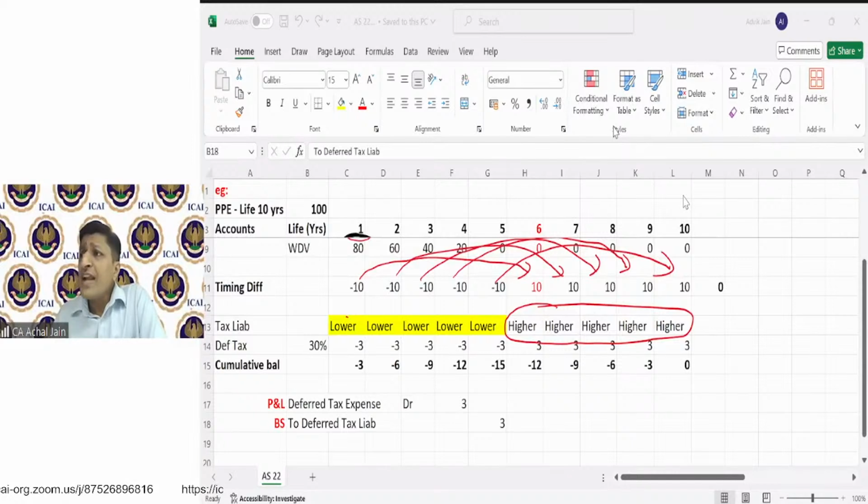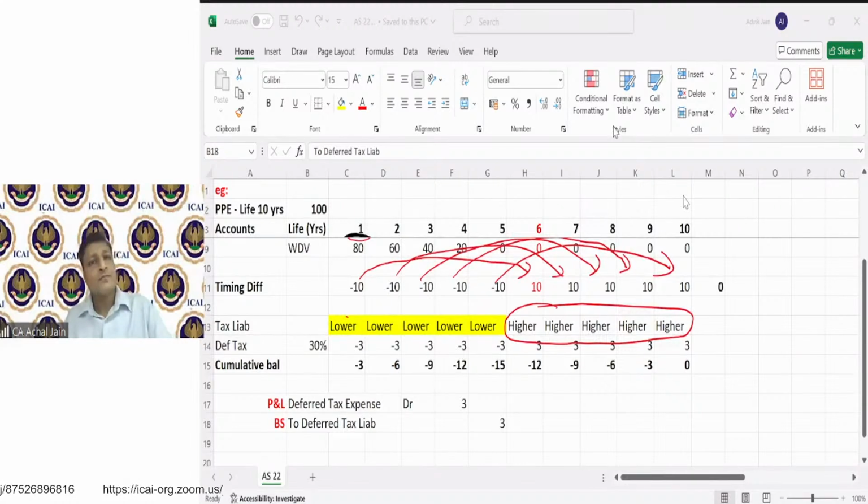Then Shivanna is asking, sir, is it applicable only on depreciation or will it also apply to other disallowances or allowances? See, depreciation is only an example. This will apply to any such item over which there is a difference between books of accounts and the taxation requirements, which is going to originate in one year and will get reversed in future years.